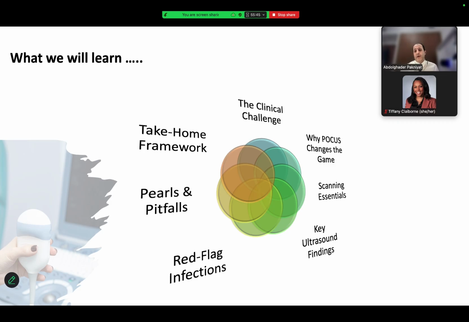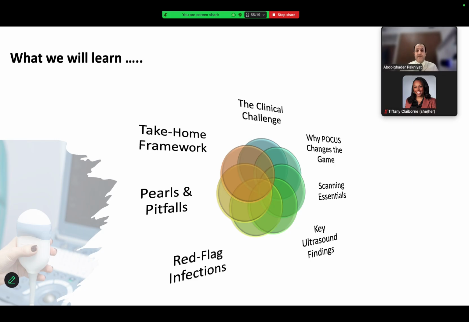Then we will discuss the scanning essentials, what we should consider before running point-of-care ultrasound in a soft tissue infection, and what the key ultrasound findings are in normal soft tissue, and also in a patient with cellulitis or abscesses, and what red flags we need to look for. If you find them, it means a more critical, more serious case, and we need to be more invasive in treatment of such cases.